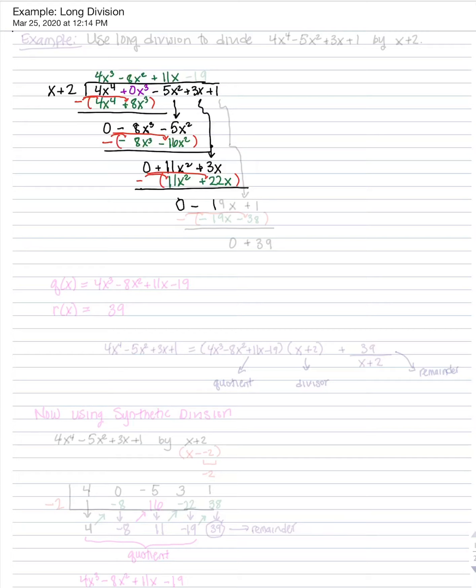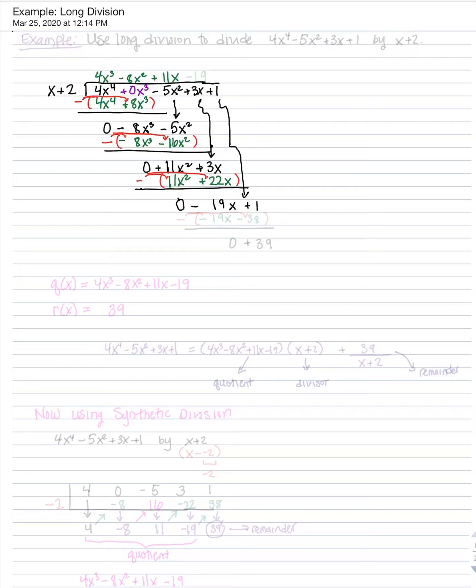That negative 19x. Now we are going to bring down our 1. So we have plus 1. And negative 19 times x gives us negative 19x.